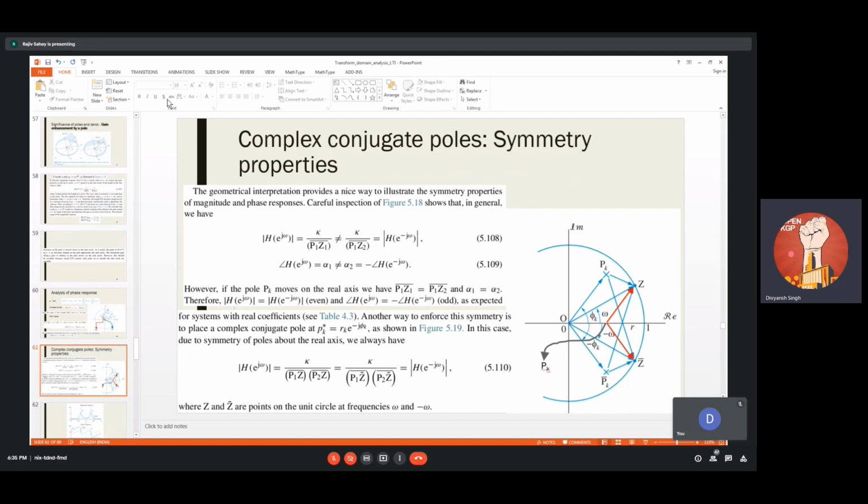Fine. So let us now look at what happens when we have complex conjugate poles, or when we have poles on the real axis. Okay. So you can see that I have drawn a curved line with pk written here. Can you see my cursor here?